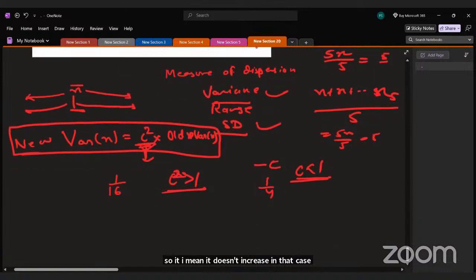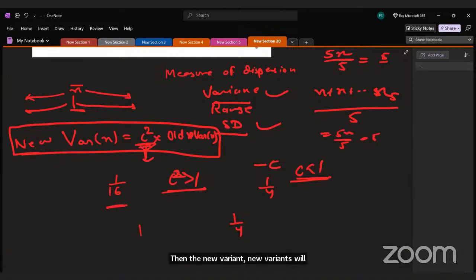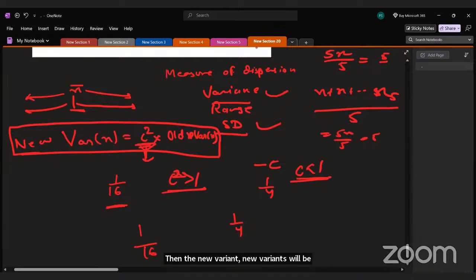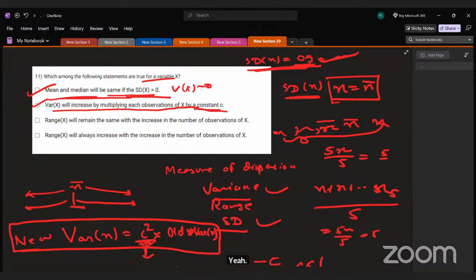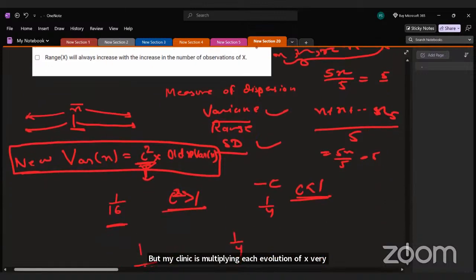If c is 1 by 4, then the new variance will be 1 by 16 times the old variance. In that case it will decrease. But the question says variance will increase by multiplying each observation of x by constant c.